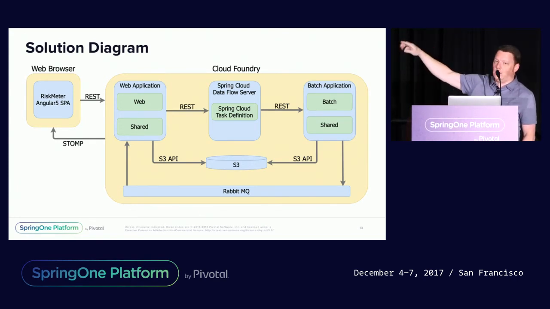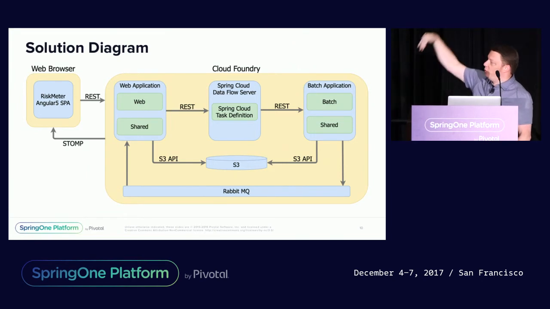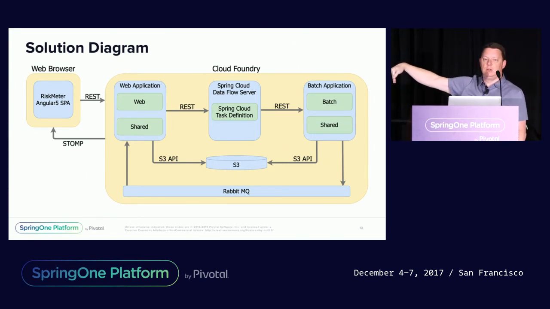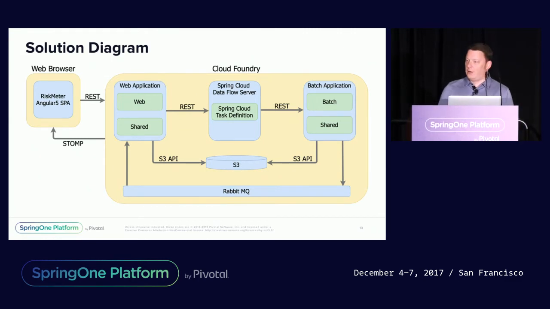Then that batch runs, there's a StepExecutionListener that executes on every line of the batch that pushes the progress, in terms of percentage, down into RabbitMQ. And then in our web application, we have our reader that reads the RabbitMQ and pushes that data out over Stomp via WebSockets. So that's how it all looks from an architectural standpoint.